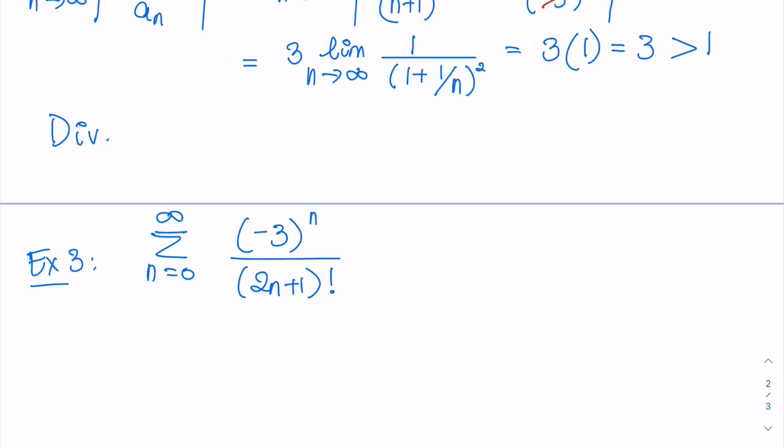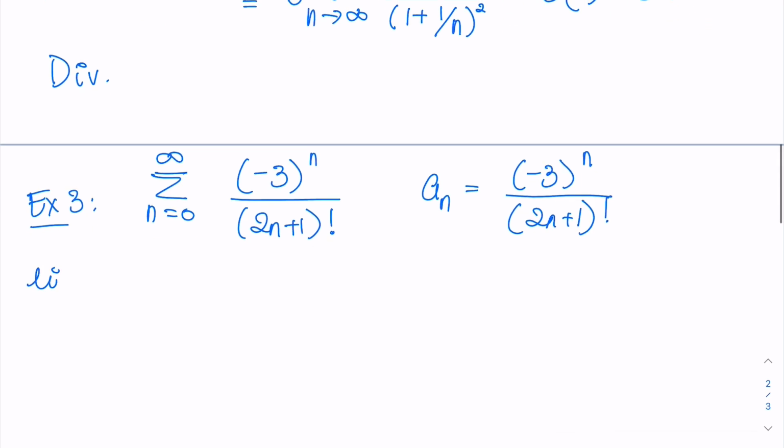For this problem, same thing. I would like to identify a sub n. So a sub n is going to be -3 to the n power over 2n plus 1 factorial. We're going to take the limit as n approaches infinity of the absolute value of a sub n plus 1 over a sub n. So I'm going to plug it in.